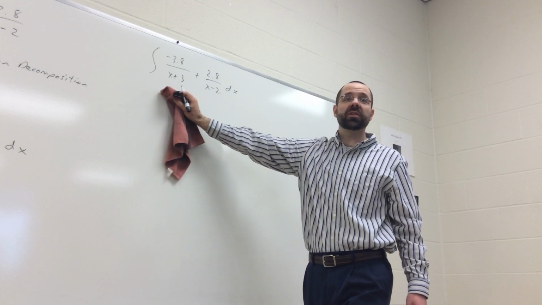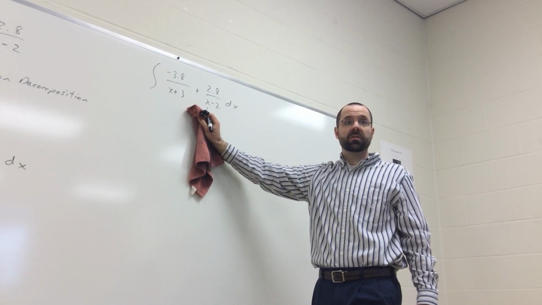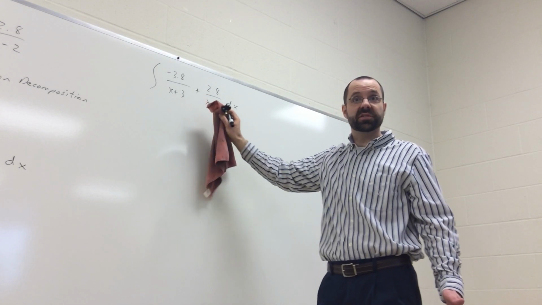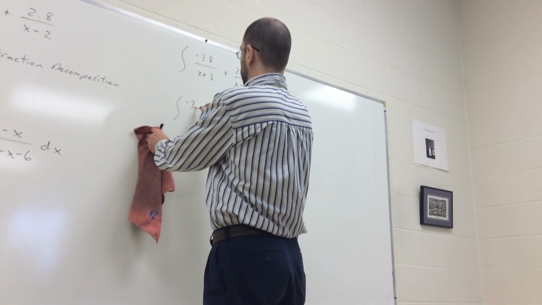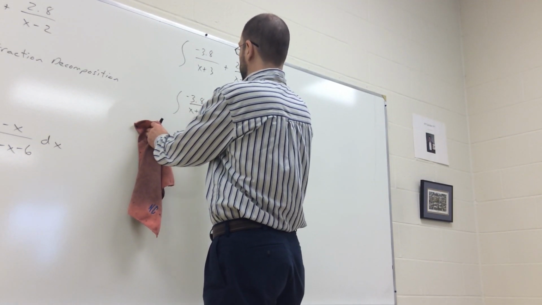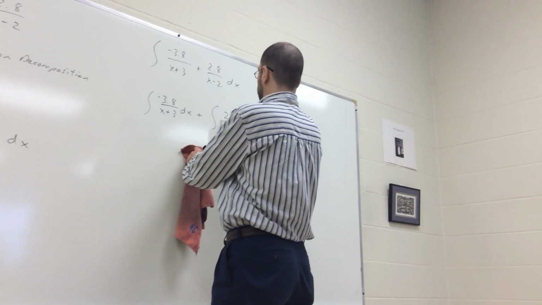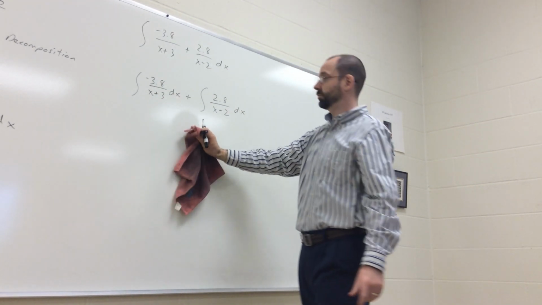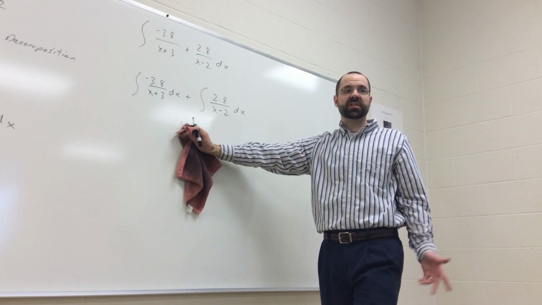Okay, then how do you deal with integrals and plus? Yeah, you can take the integral of the first thing plus the integral of the second thing, right? So that's nice.